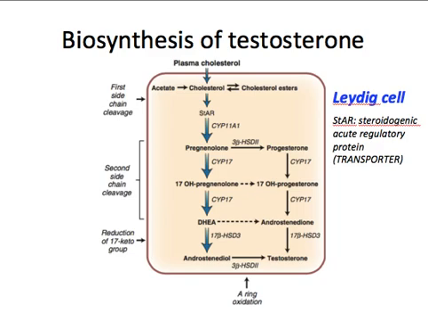So how is testosterone synthesized? In your Leydig cell, the main precursor would be, of course, plasma cholesterol. This cholesterol can be synthesized de novo inside your Leydig cell or come from circulating cholesterol. Your cholesterol is transported similarly to the adrenal glands.